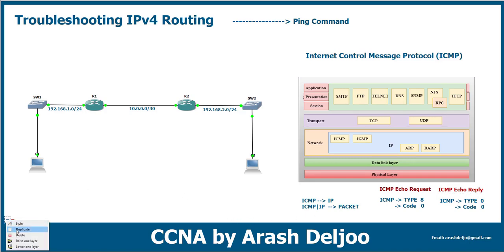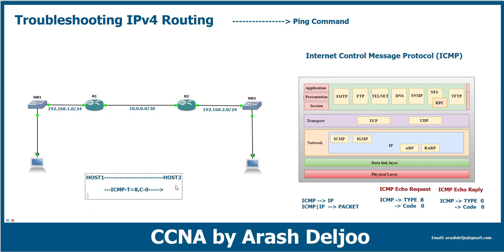In TCP/IP, without any extra features, when we have two hosts, such as a PC, a computer, a router, or a switch, and one of these hosts sends the ICMP echo request, meaning ICMP type 8 and code 0, to the other host, host 2, then host 2 should send a reply back to host 1.